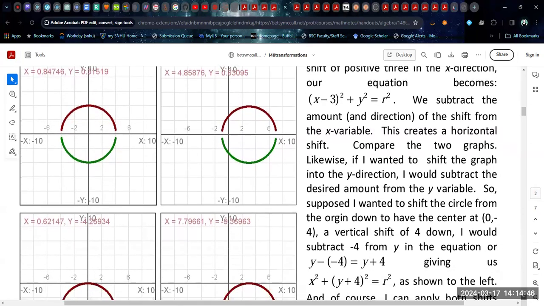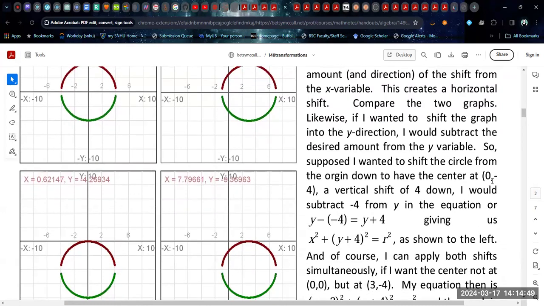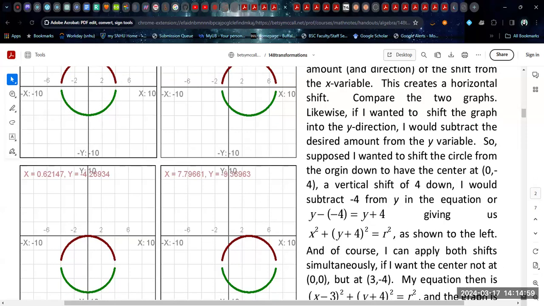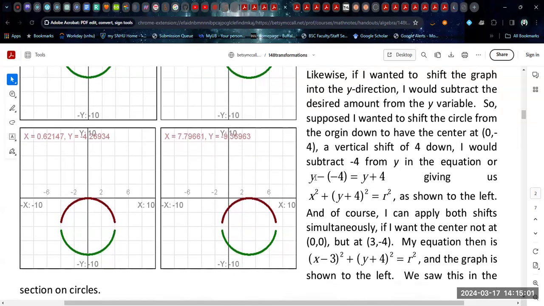So similarly, if I want to move my center down from the origin to 0, negative 4, that's a vertical shift. And so what I'm going to do is replace the y in my equation with y minus the shift that I want to make. So y minus a negative 4 becomes y plus 4.